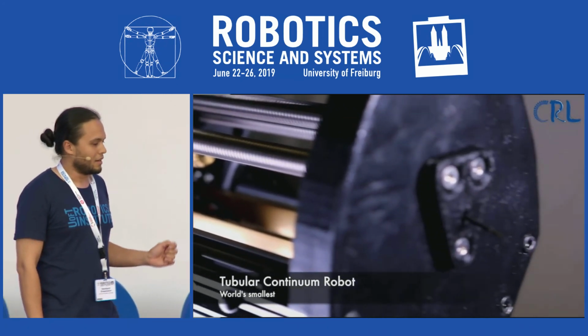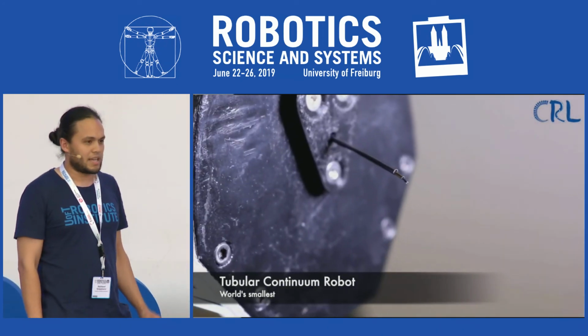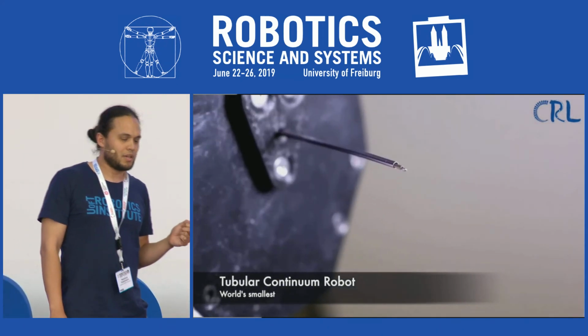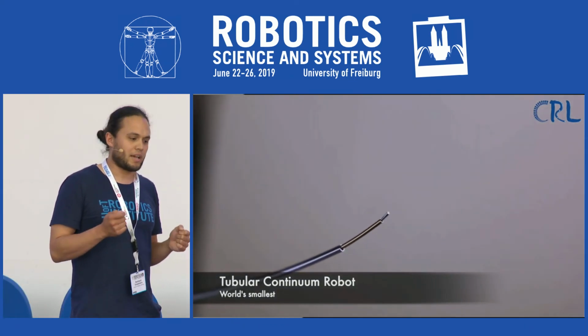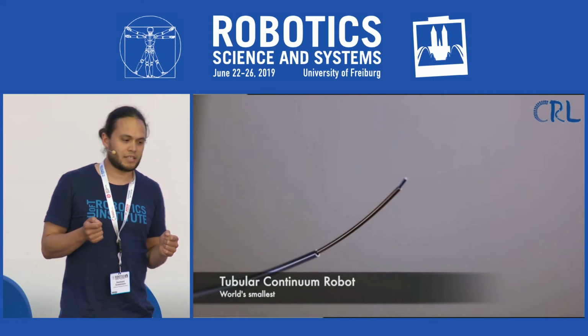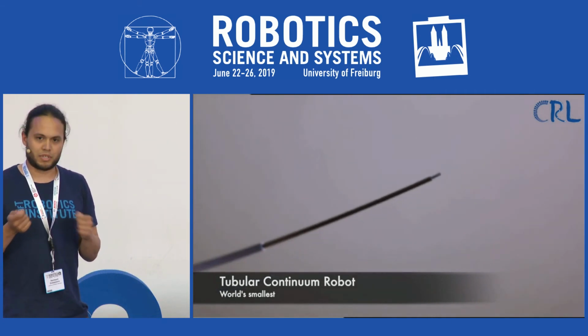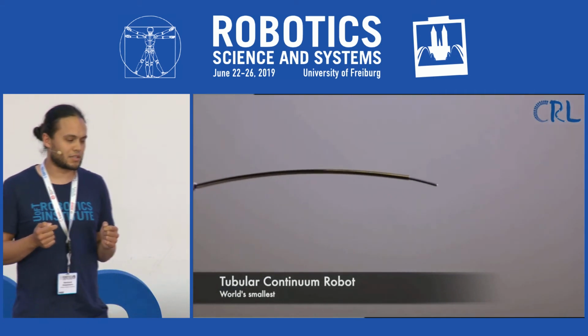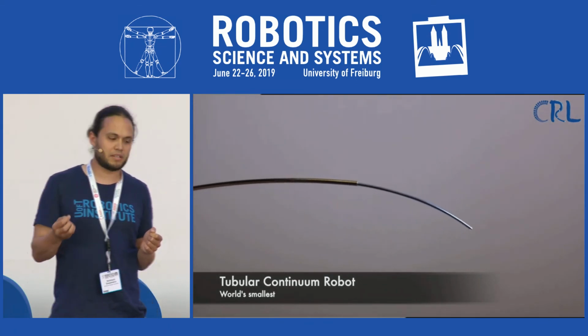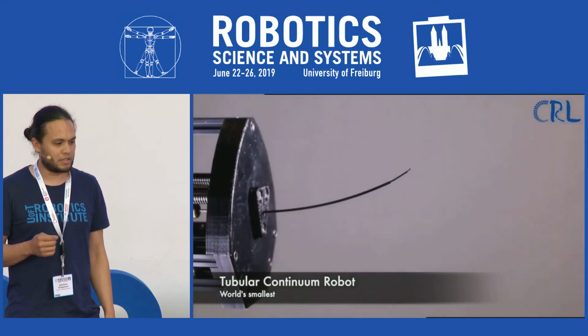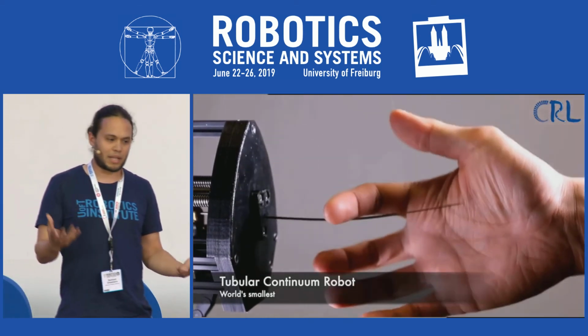This is a tubular continuum robot. It has 3 tubes, which are pre-curved and super elastic. Each tube you can translate and rotate relative to each other. It's really small in terms of diameter, and the robot is quite compliant.